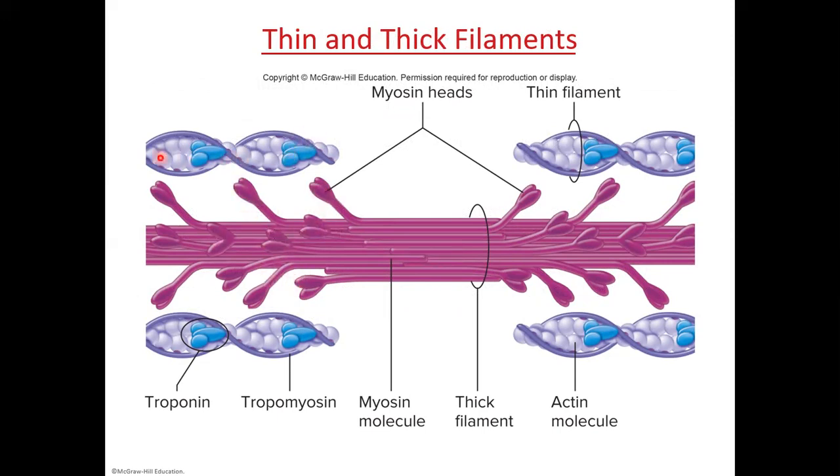Then this would be the actin, the white part in the middle. And here would be the troponin. Let me show you the tropomyosin a little more clearly. It's this outer, thinner protein.